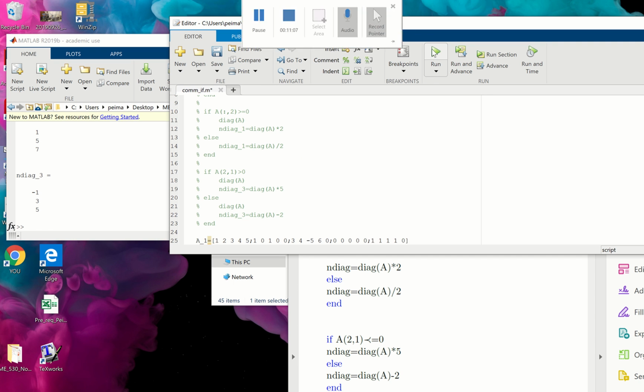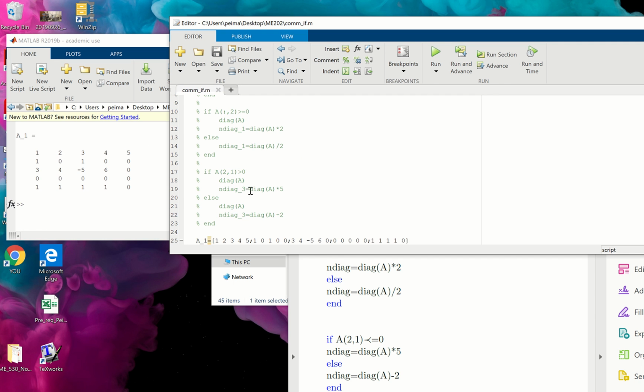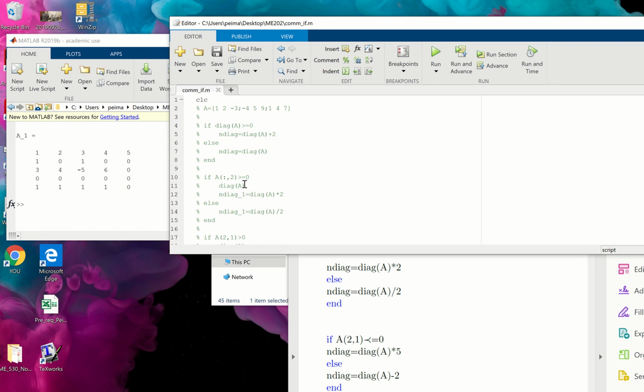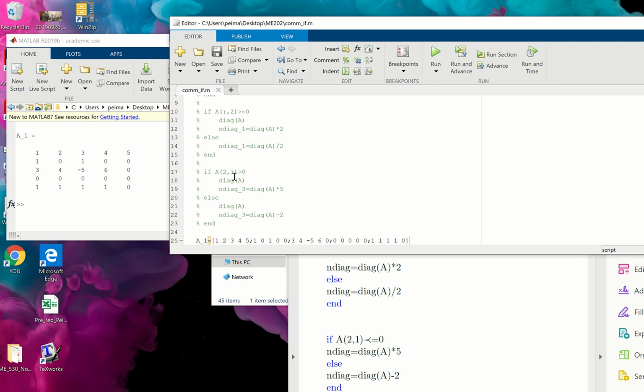Here we go. This is a 5 by 5 matrix, guys. If I run it, it's going to skip all the commented commands, first clear the workspace, then type the 5 by 5 matrix A. That's right.